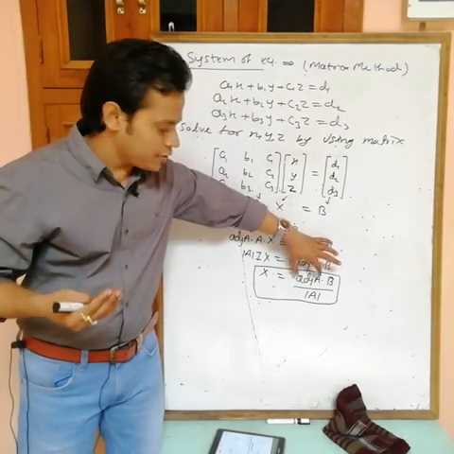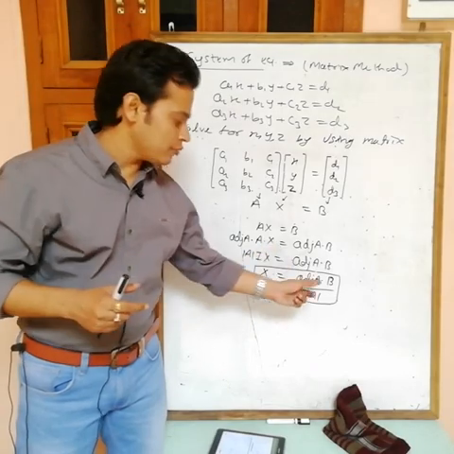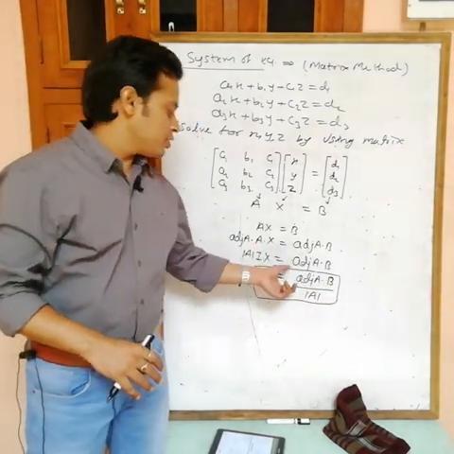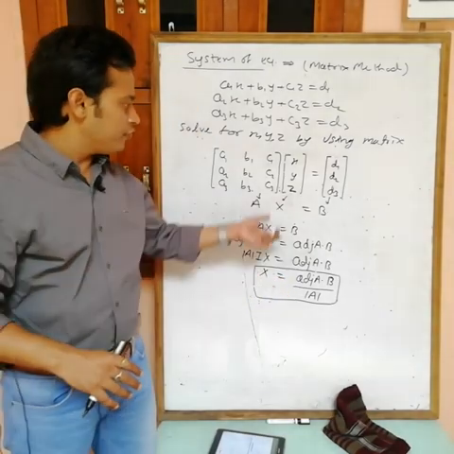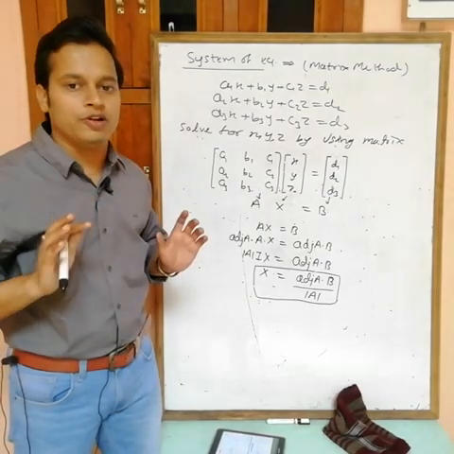Adjoint A is a matrix, B is also a matrix, the product is a matrix, and a matrix divided by a constant is a matrix. By using this formula you will get the value of the variable matrix: the first element is x, the second is the value of y, and the third is the value of z.